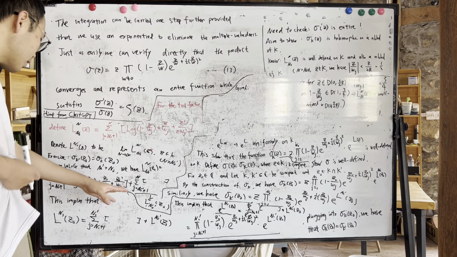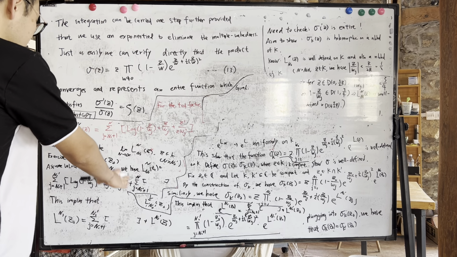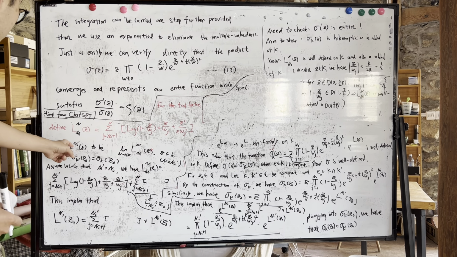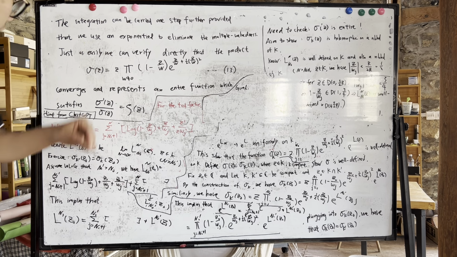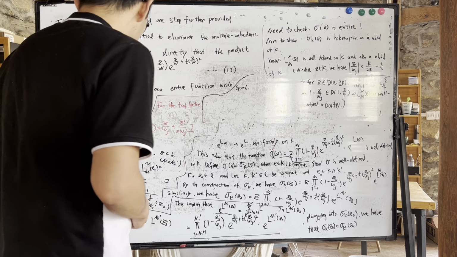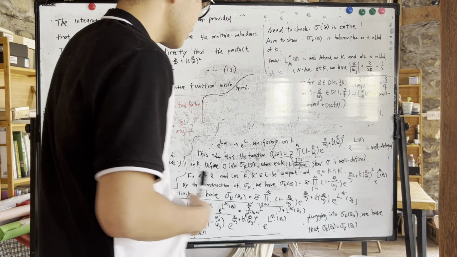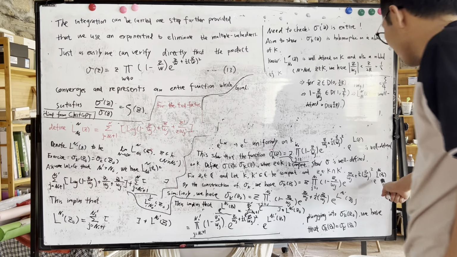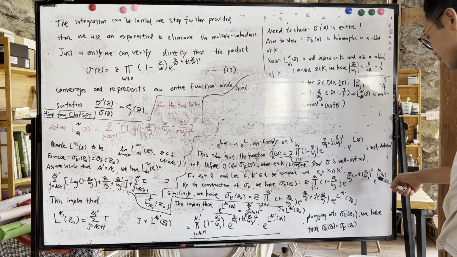So if I show that this L n naught z is holomorphic, then I think I'm done, because then this guy is holomorphic for sure.